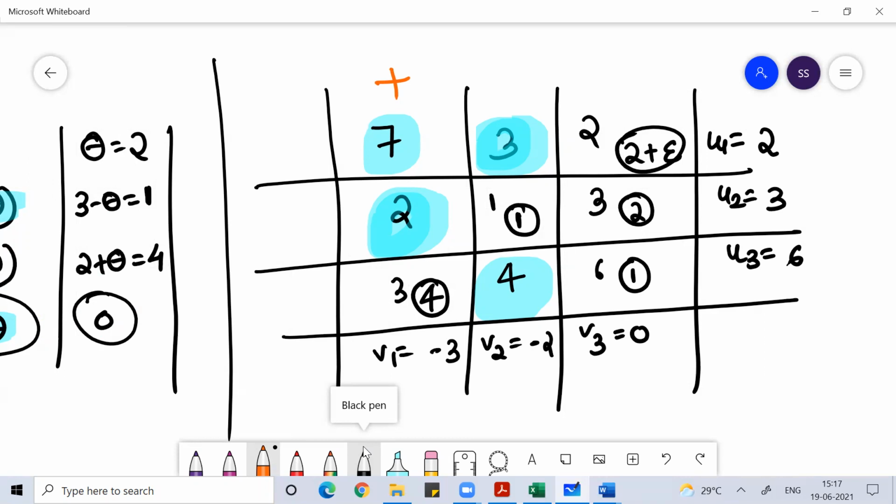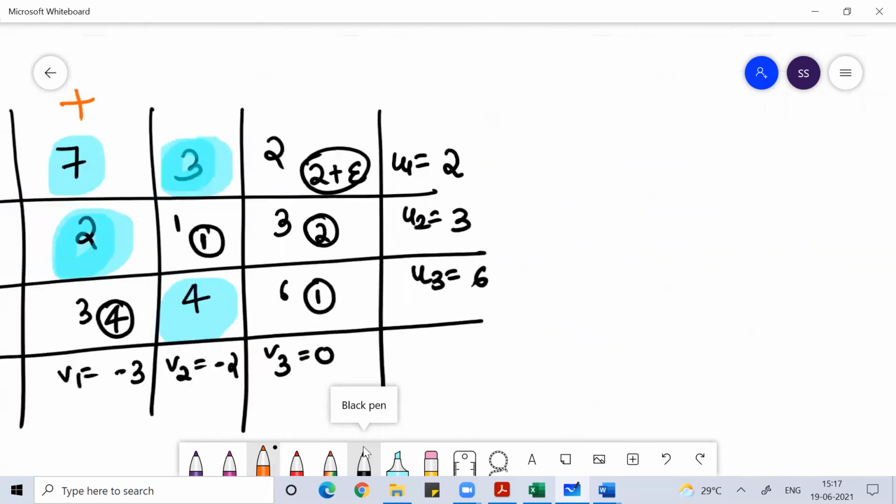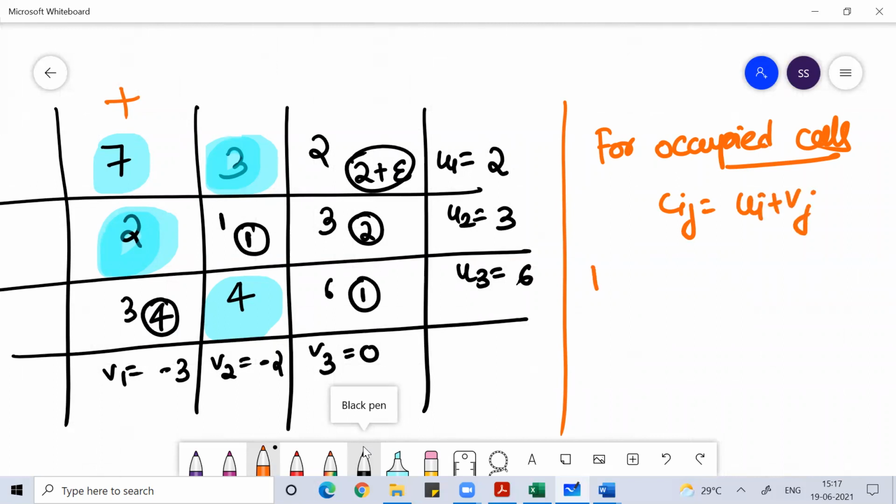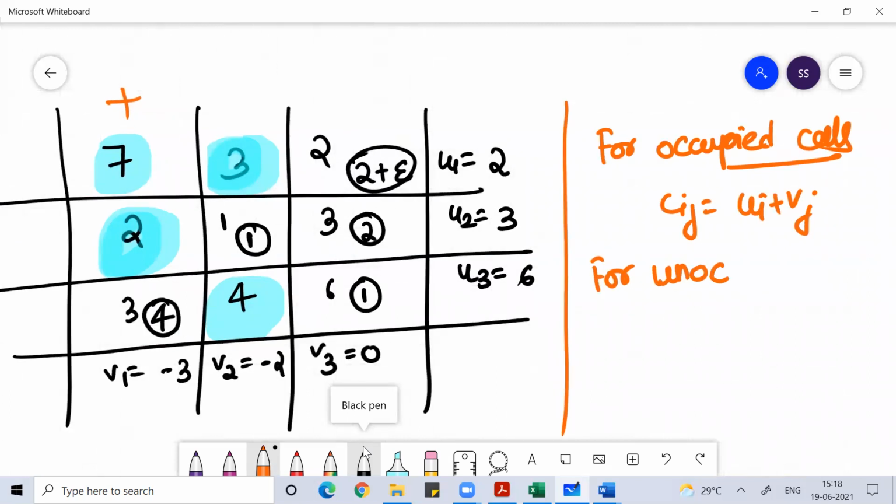So I hope you understood what formula you need to use here, guys. For the occupied cell, you remember, right? Already I told you, for the occupied cell you use the formula Cij is equal to Ui plus Vj, and for the unoccupied cell you use the formula Cij minus (Ui plus Vj).